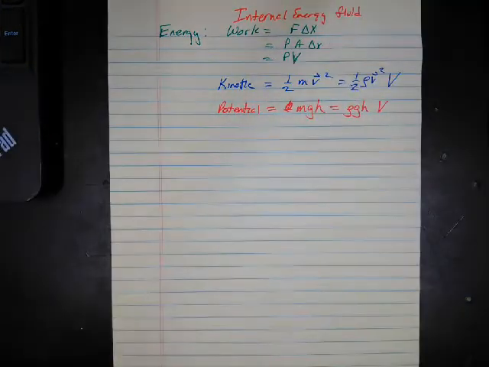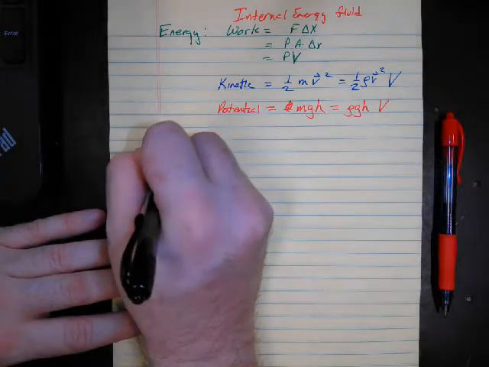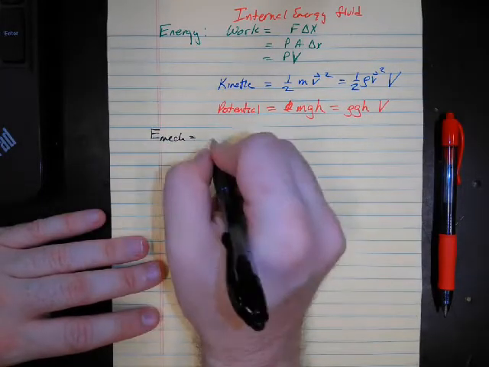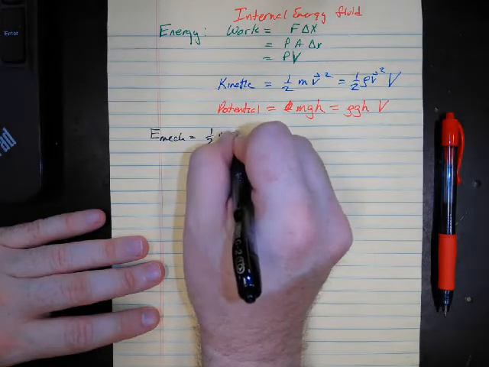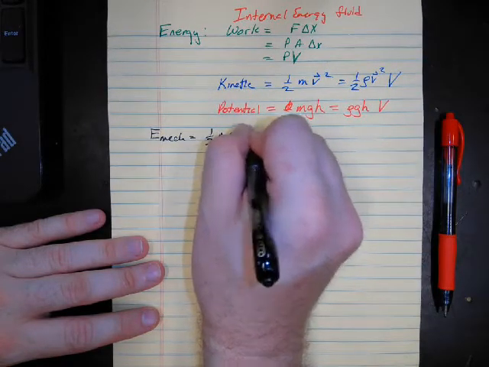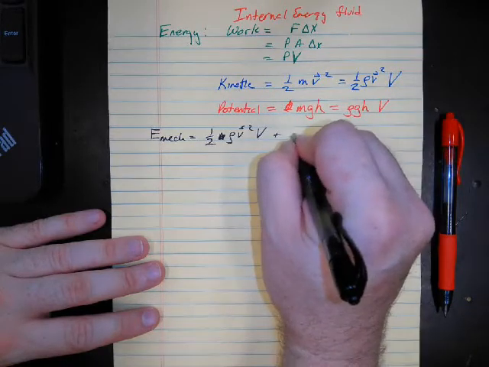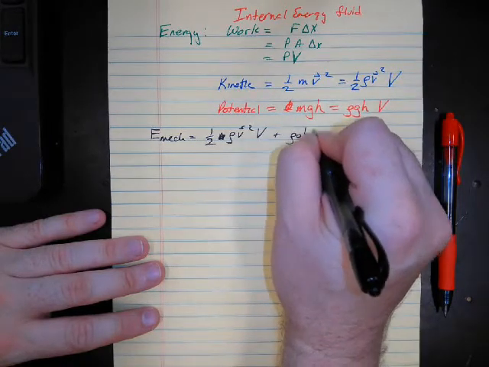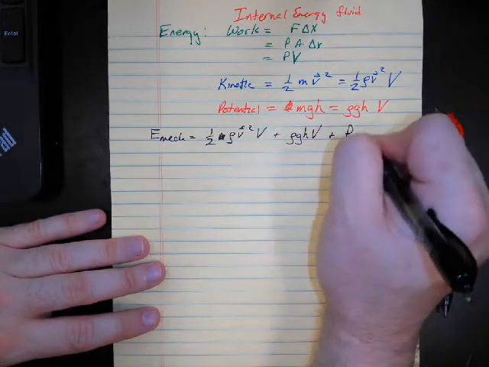And so if we were to write this in terms, we would have 1/2 density times velocity squared times volume plus density times g times height times volume, plus now we'd have this internal energy, pressure times volume.